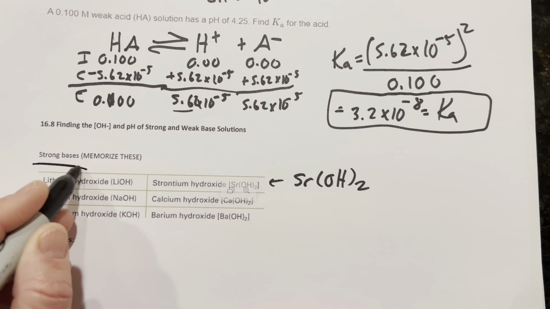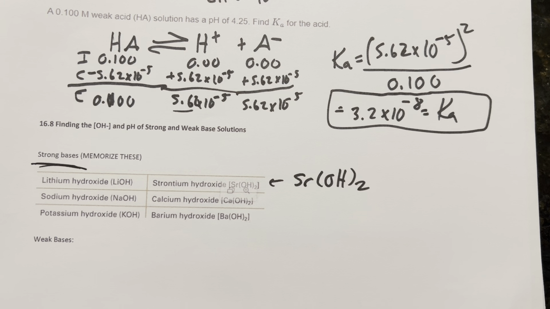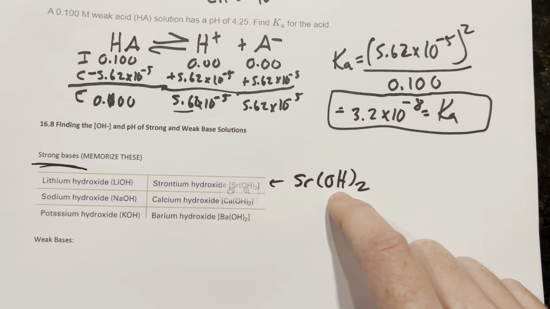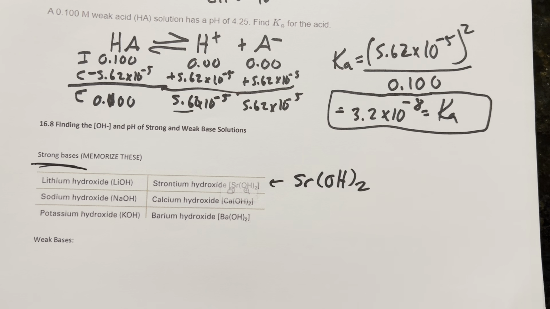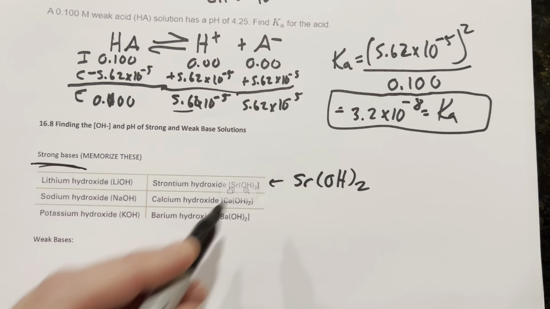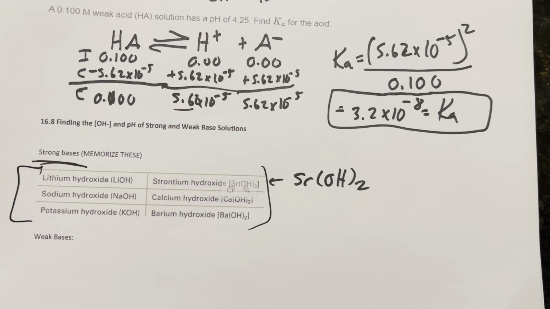So just like I had you memorize your strong acids, you're going to memorize these. Generally, if it's got an OH minus, it's going to be strong, but there are some situations where they're weak. For example, aluminum hydroxide is weak. So just memorize these if you can. That would be really, really helpful. Then we have some weak bases over here, similar to the weak acids.